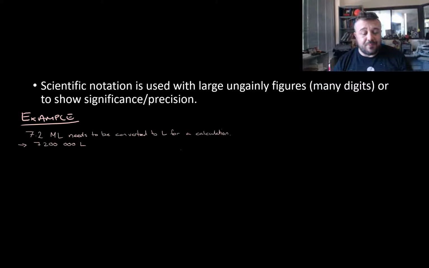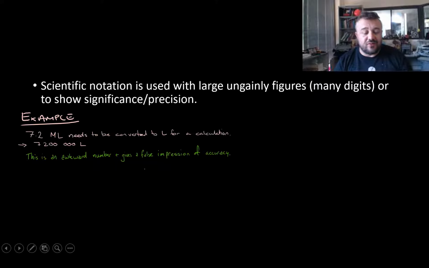So let's look at an example. We've got 7.2 megaliters, and this needs to be converted to liters for a calculation. Makes sense? So that becomes 7,200,000 liters. Cool, but this is an awkward number and gives a false impression of accuracy. For example, we know that this is accurate to the nearest 100,000.